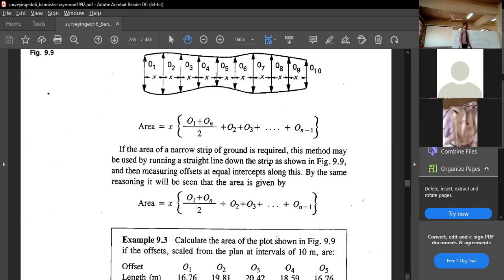It is the last offset. How many strips are you doing? 6. So offsets, we get 7, right? Number of strips equals 7 minus 1. Yes?